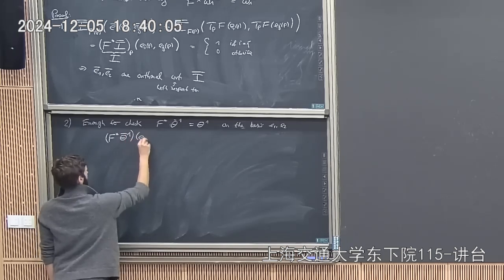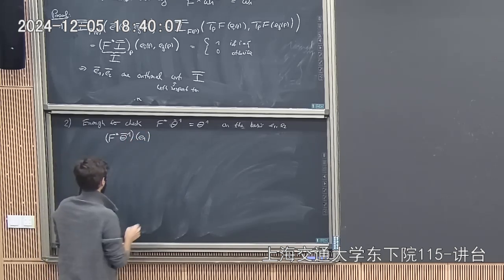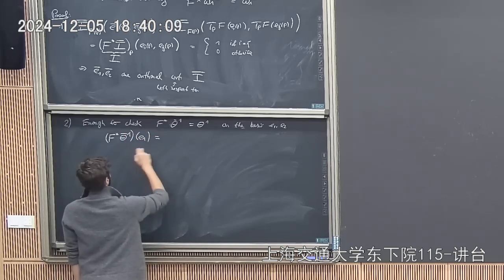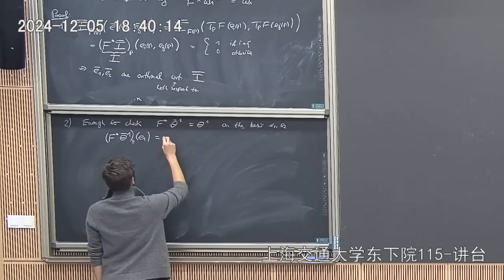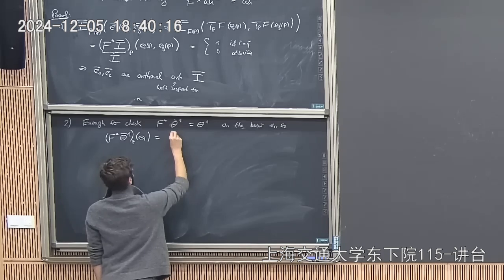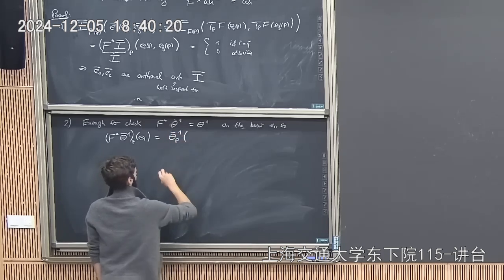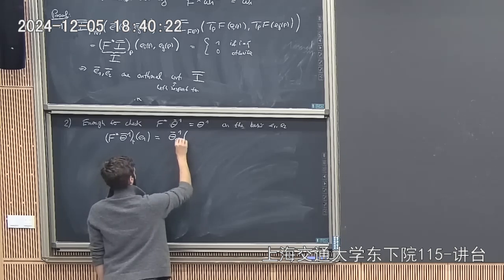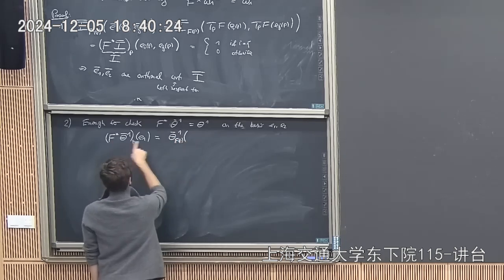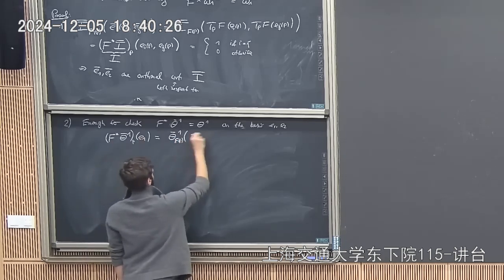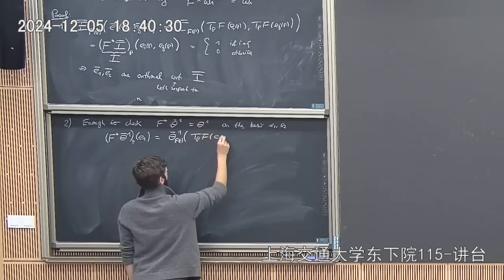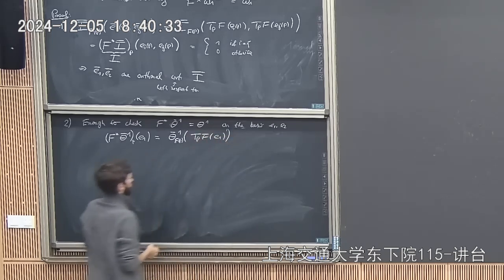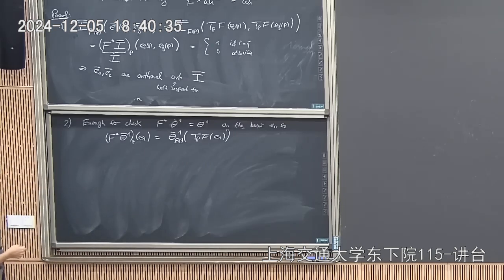slowly. Say we plug in E1. What we get at some point P, we just use the definition of the pullback, which says that we push forward the vector, which means that we take the tangent map of F applied to E1.